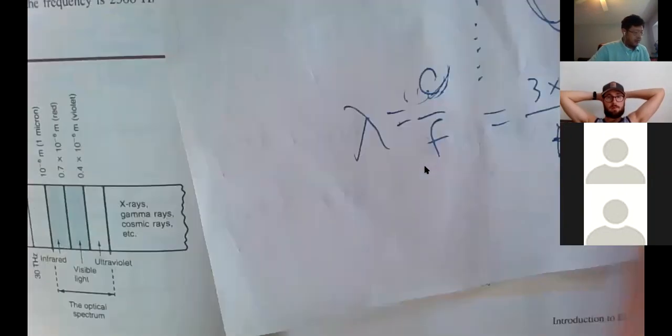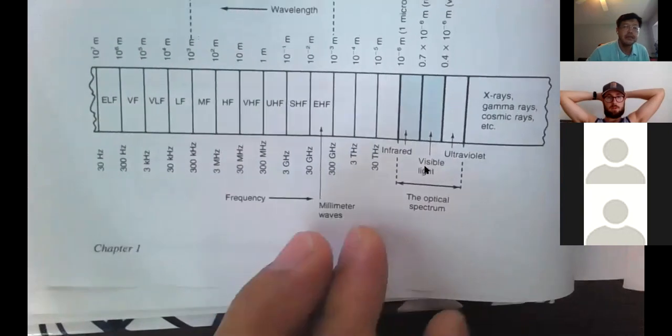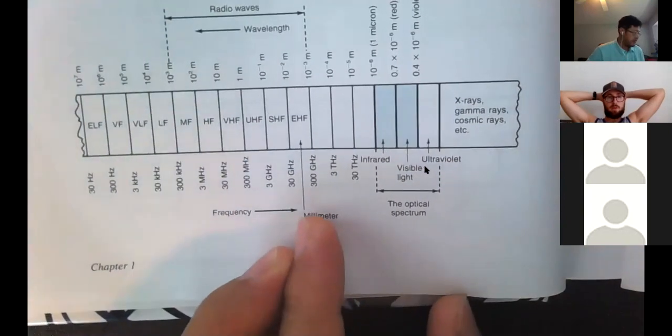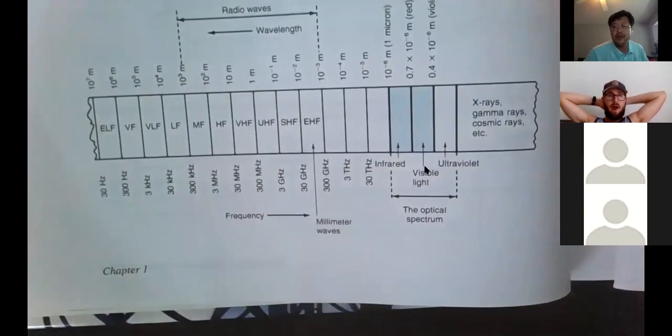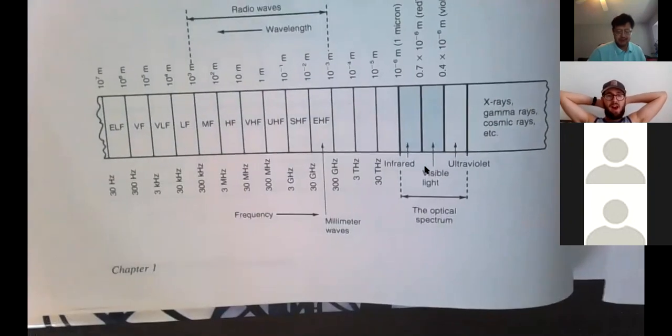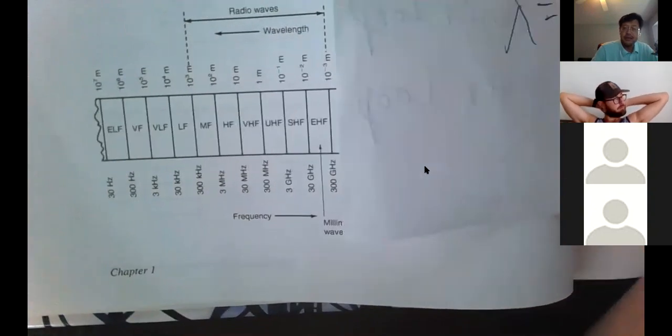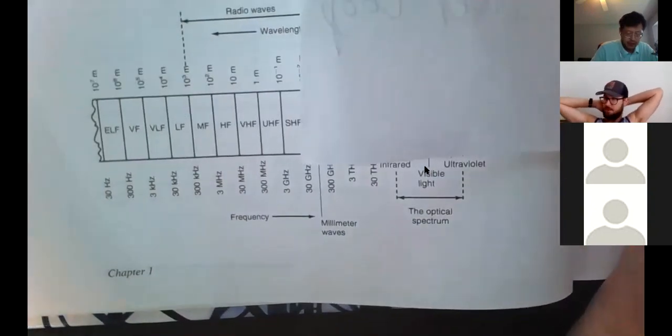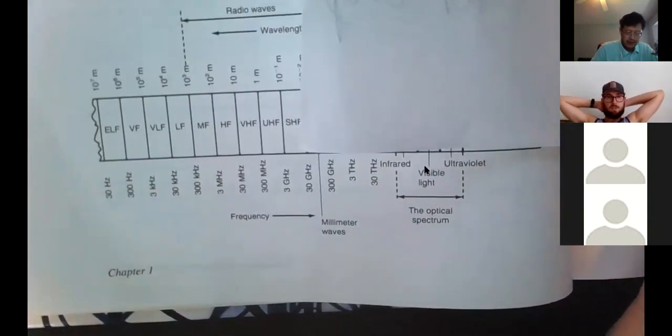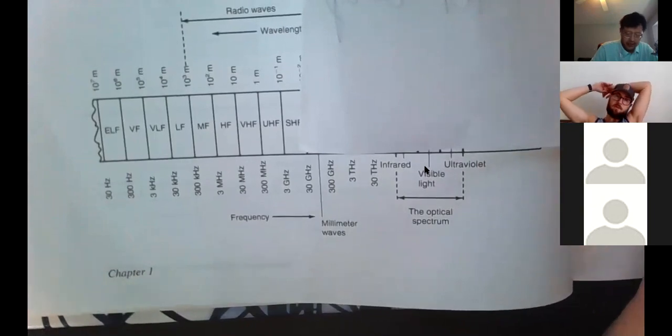What is a millimeter? Millimeter means the wave is separated only by a millimeter. If the wave is only separated by a millimeter, that means the frequency is in tens of gigahertz.